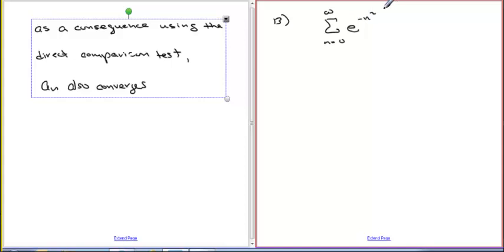So can we think of A sub n as e to the minus n squared.